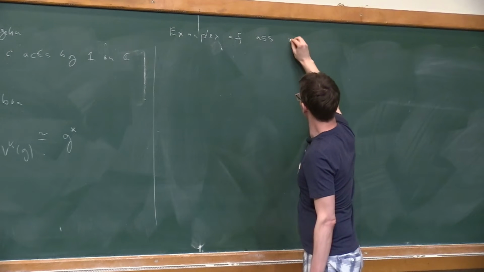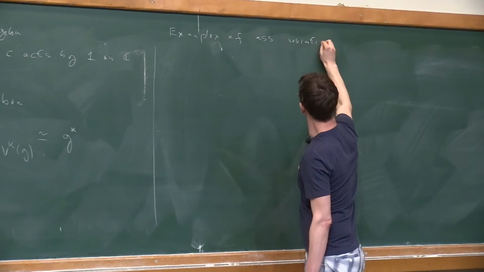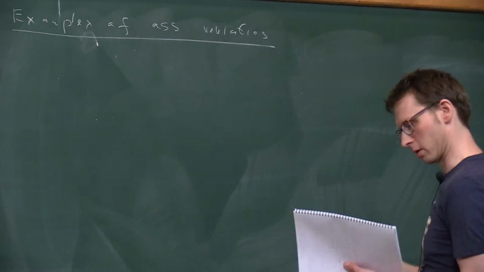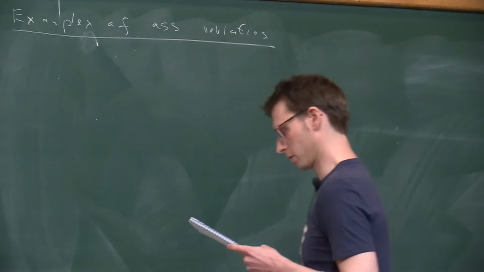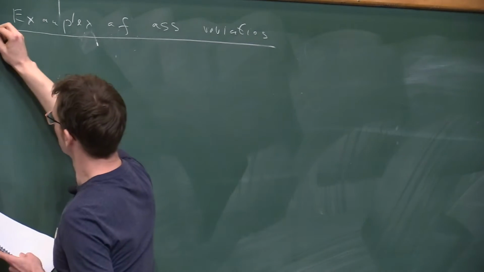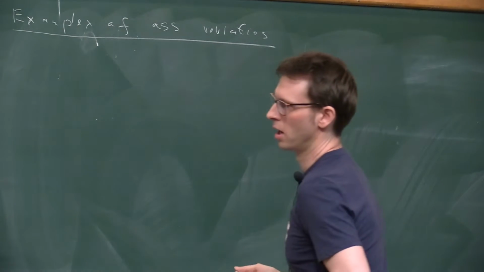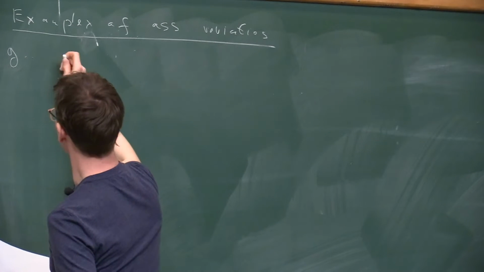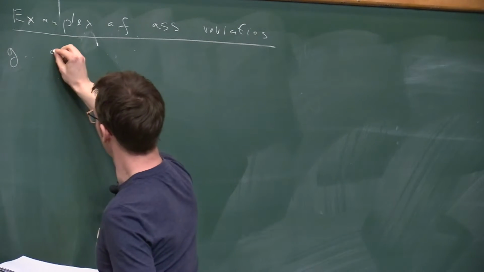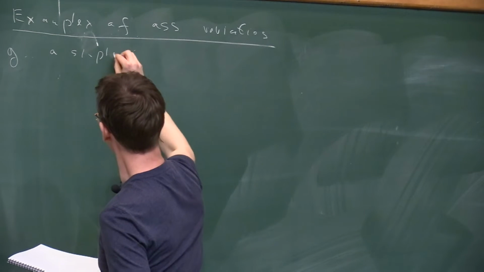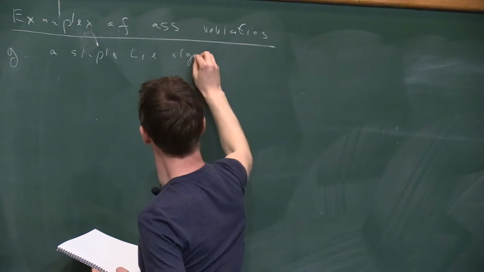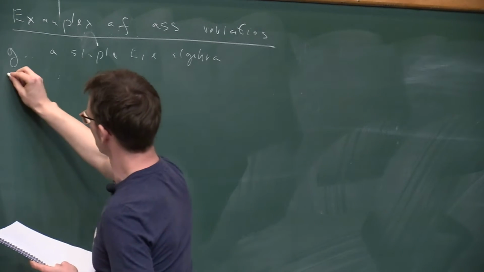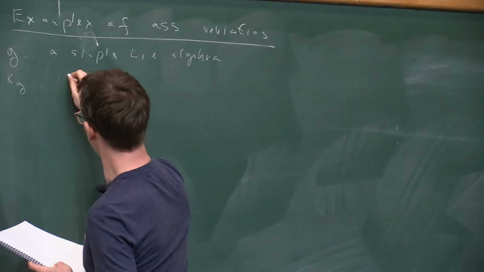So associated varieties. There are some well-known examples. Instead of a general reductive Lie algebra, I will consider just the simple case. So from now on, G will be a simple Lie algebra, and K_0 will be the Cartan-Killing form.